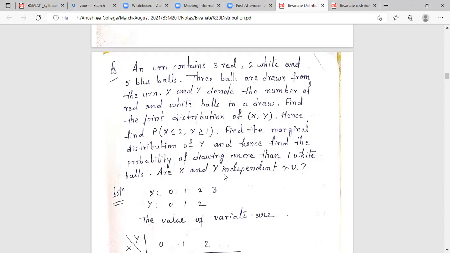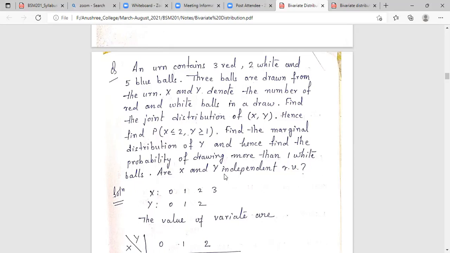So random variable X can take the values 0, 1, 2, 3. And what about Y? Y denotes the number of white balls. So how many white balls are there? We can see it contains 2 white balls. So the values will be 0, 1, and 2. So these are the values of the random variables.